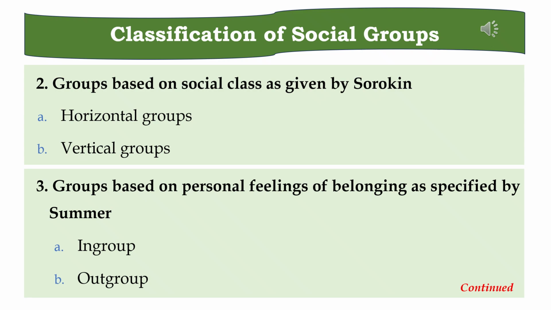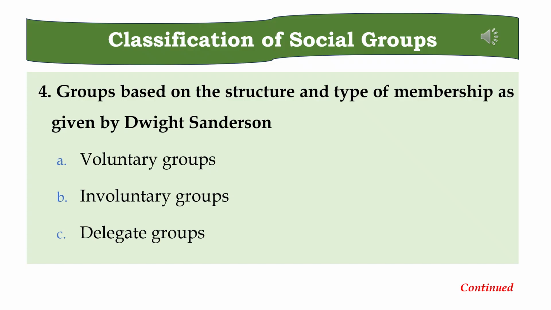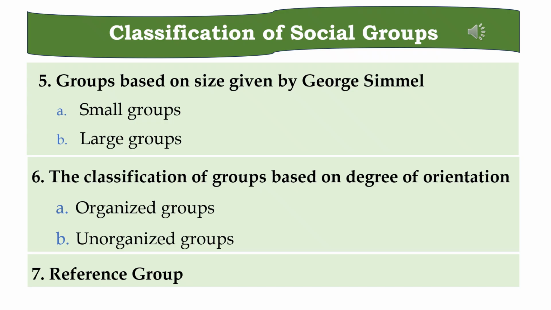3. Based on personal feelings of belonging, social groups are classified into in-group and out-group. This classification was given by Sumner. 4th. Based on the structure and type of membership, social groups are classified into voluntary groups, involuntary groups, and delegate groups. This classification was given by Dwight Sanderson. 5th.